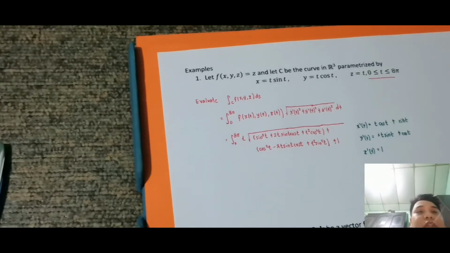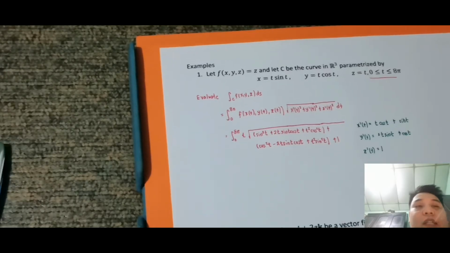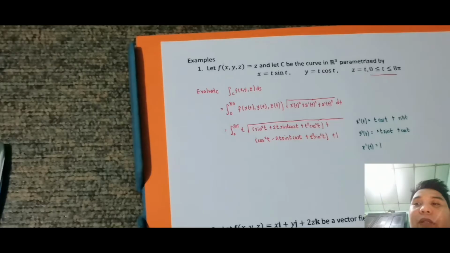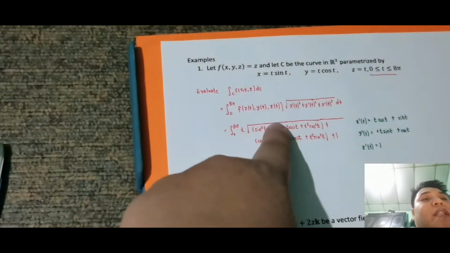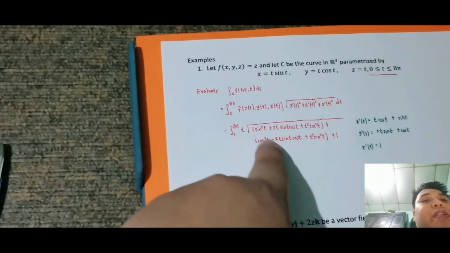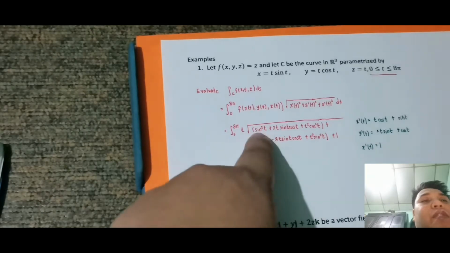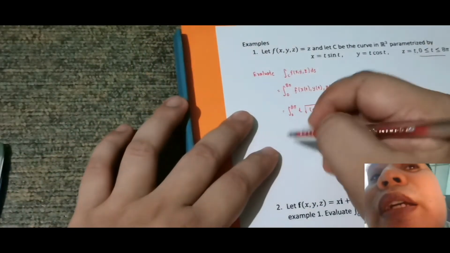So kung isa-simplify niyo, isa-simplify ko na lang siya as is, para madali. So pag sinimplify, may makikita ako diyan na magkasamang t sin t. So kumbaga cancel tong nasa gitna, no? So cancel to nasa gitna, so yung magkasama yung sin squared, cosine squared t. So 1 na yun, automatic. So tuloy ko na lang din para makita niyo.